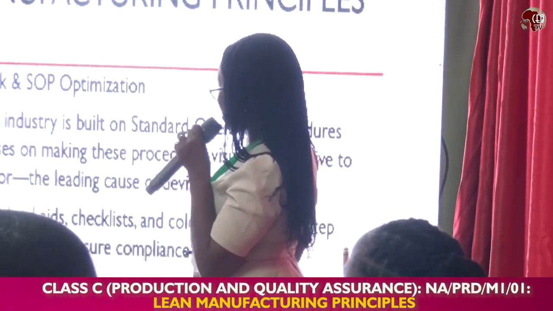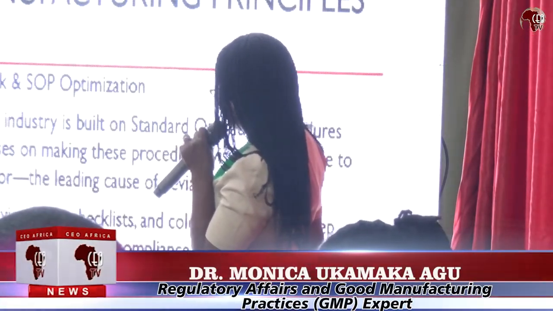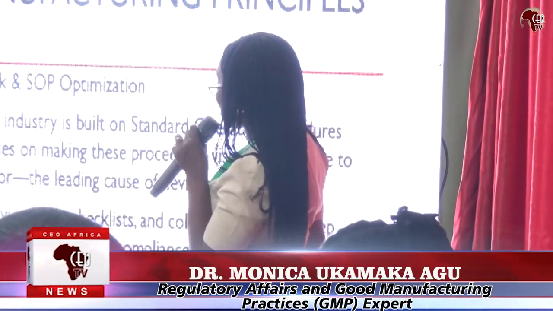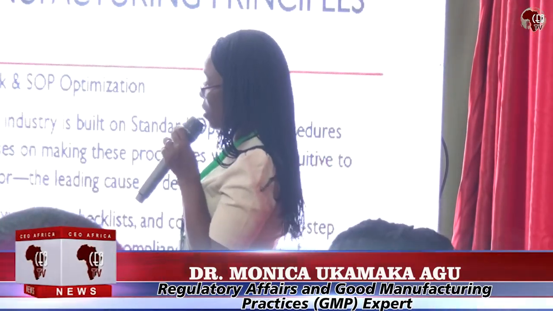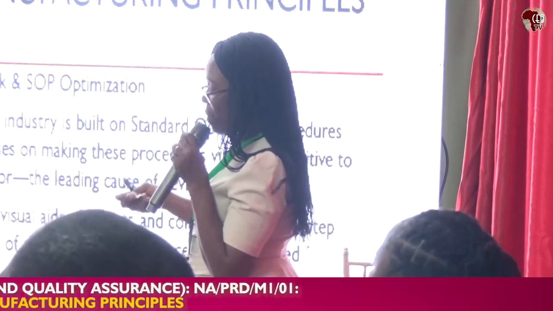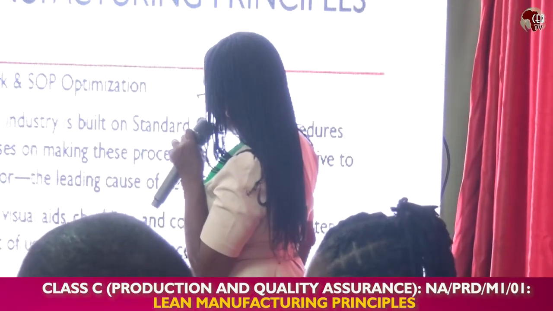The application is using visual aids, checklists, and color-coded step-by-step guides at the point of use to ensure compliance without bloated documentation. Because when you have SOPs on several pages, flipping through them in the process, the person may miss some steps, and that leads to out-of-specification products at the end of the day.